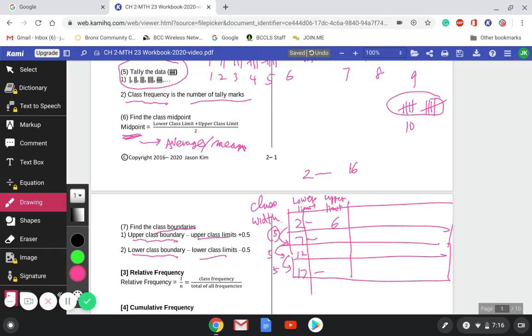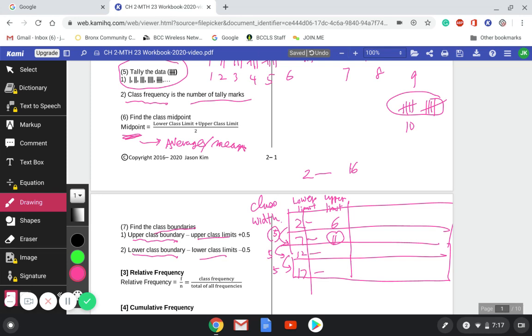And on the second class, how do you find the upper limit? I got the lower limit by adding class width to the previous low limit. So how do you find this one? Always one shorter than the lower limit of the next class. So it will be 12 minus 1, which is 11.